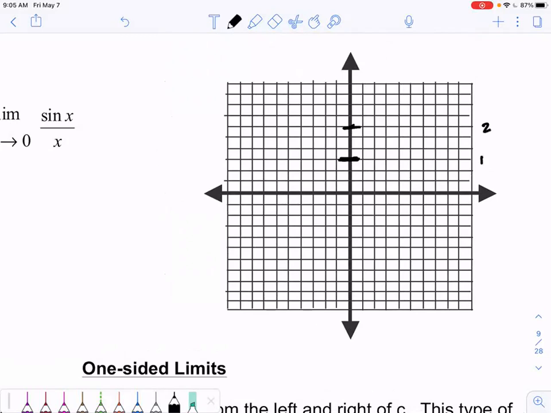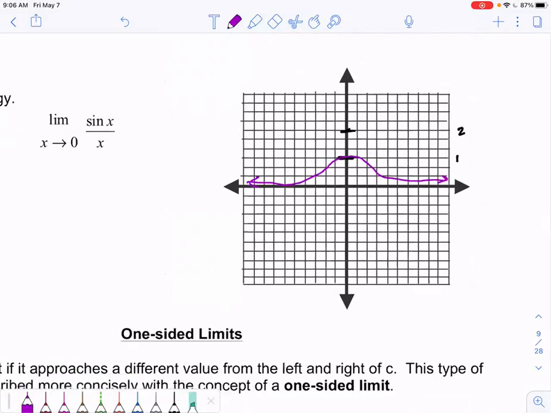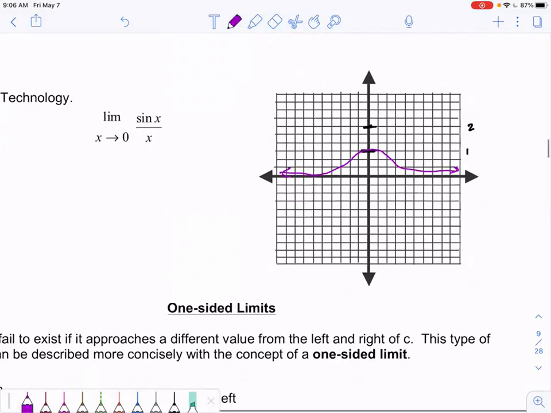So it skims along. And then it kind of goes up, then it comes back down. So the limit as x approaches 0 from the left and the right would be the peak of the mound of that curve.